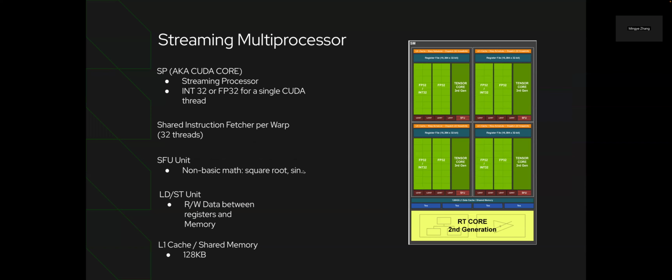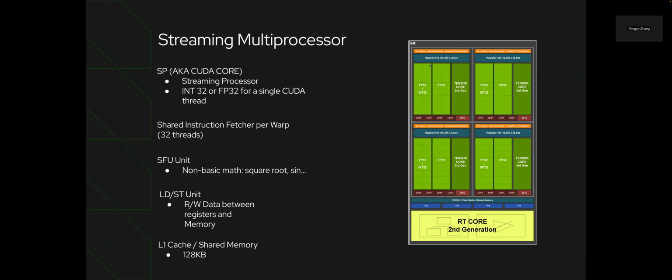So I'll talk a bit more about the streaming multiprocessor, SM. Each of these blocks is what we call a streaming processor, also called SP or CUDA core by some other people. And it can be FP32 or INT32 for floating point or integer computation.